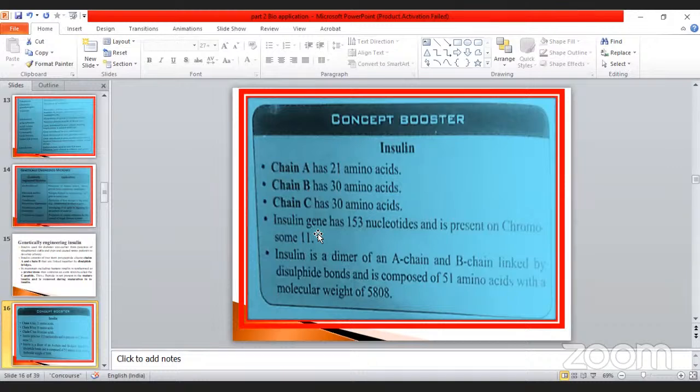The insulin gene has 153 nucleotides and is present on chromosome 11. Don't forget, how many chromosomes do we have? 46 chromosomes. The 11th chromosome carries the insulin gene. The insulin is a dimer of an A chain and a B chain linked by disulfide bonds, composed of 51 amino acids with a molecular weight of 5808, my dear students.